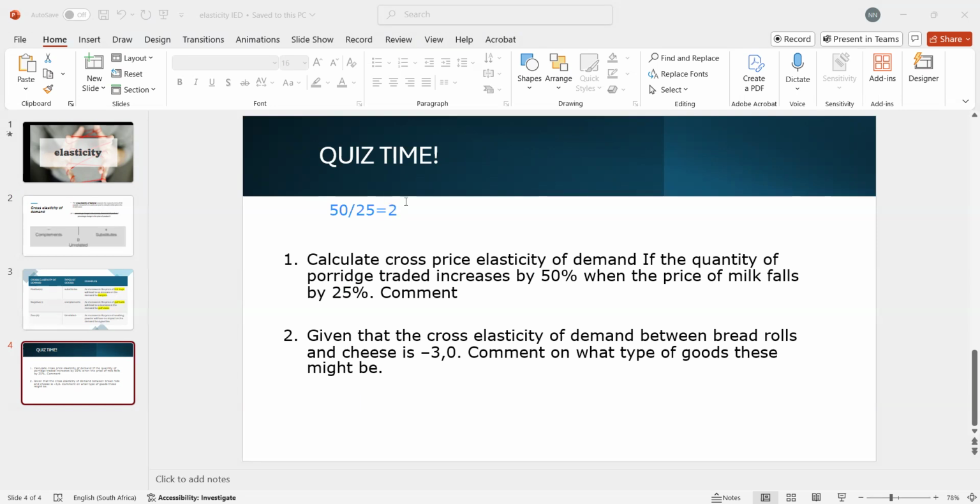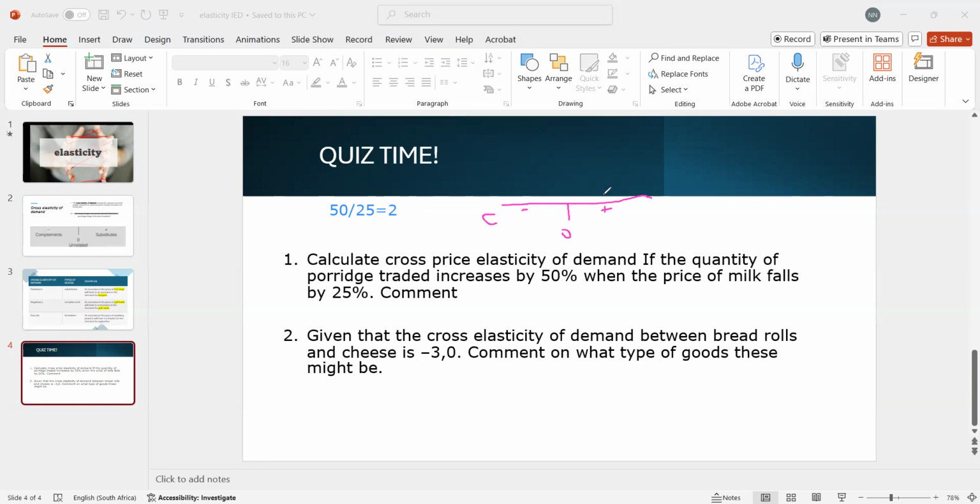2 is positive, right? So you will have written your table like this, and then here you have 0, then here you have negative and positive on the sides. We know that goods which are negative are complement goods.